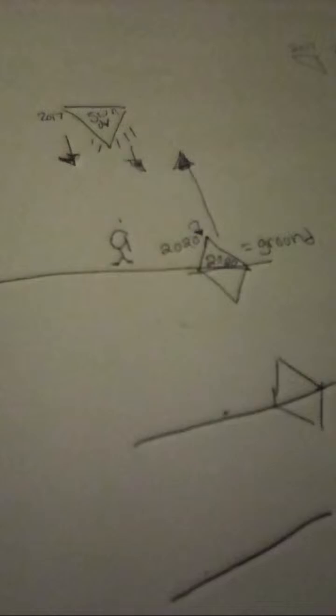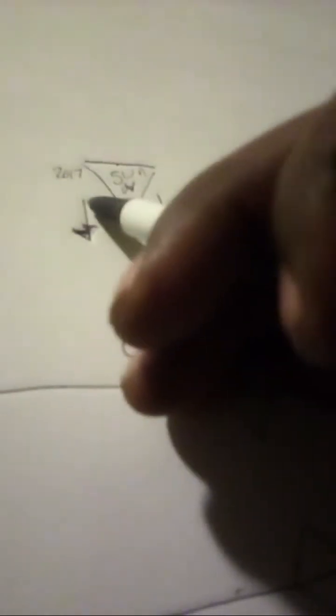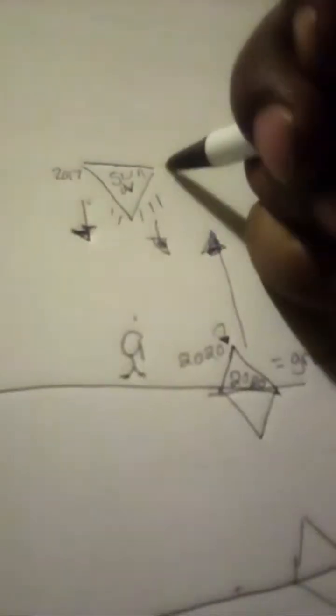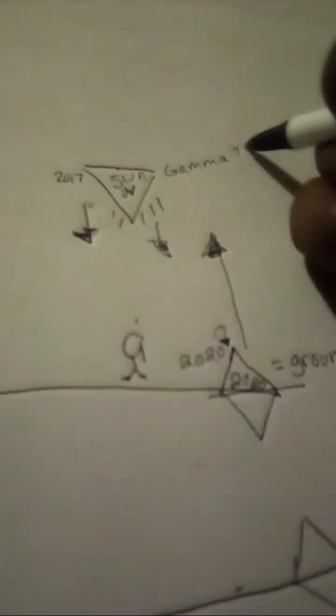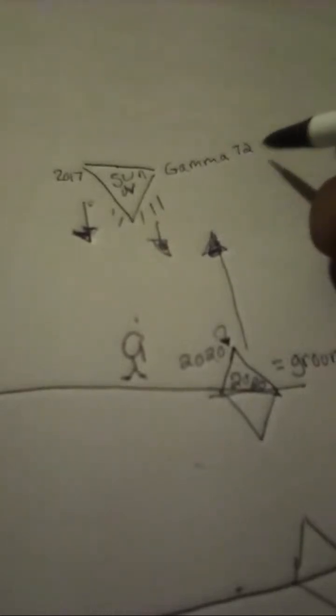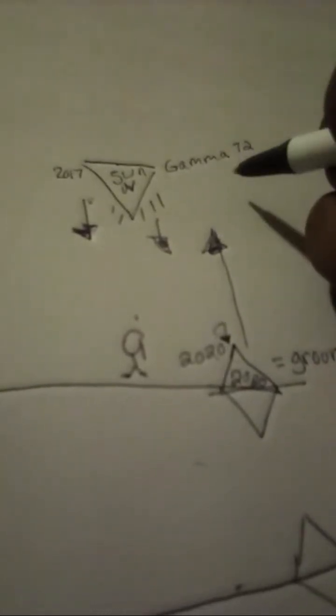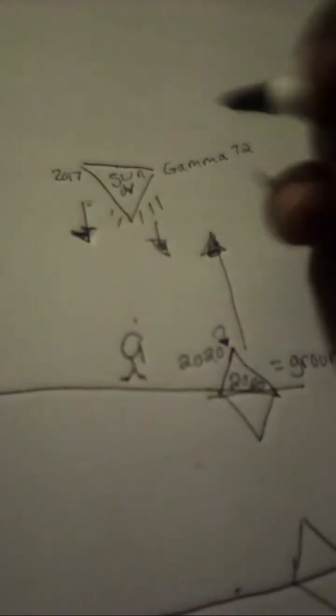2023 doing the same thing that happened in 2017, which was gamma, okay? 72. 72 represents the pole shift because that's where the pole is going back to, tying back to the Indian Ocean around that area code.